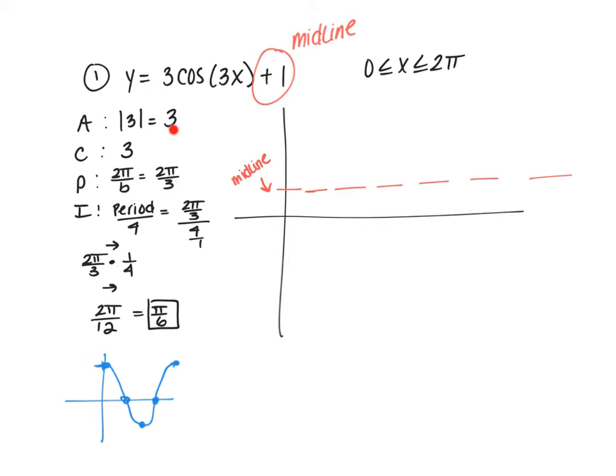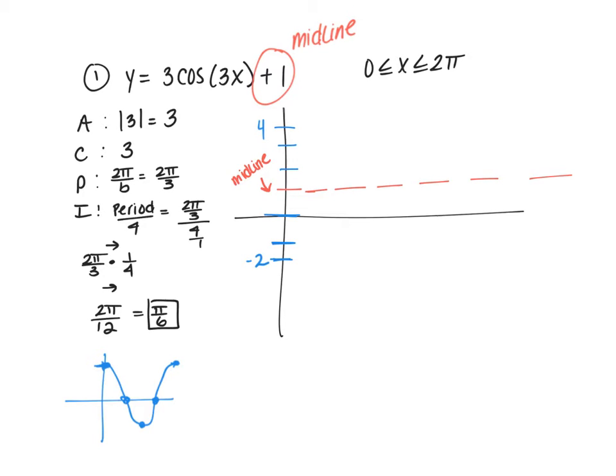My amplitude being 3 means that I'm going to go 3 above the midline and 3 below the midline. So 1, 2, 3, 1, 2, and 3. So if I've already gone up 1, then this is 2, 3, 4. And if I've gone down 1, 0, -1, and -2.